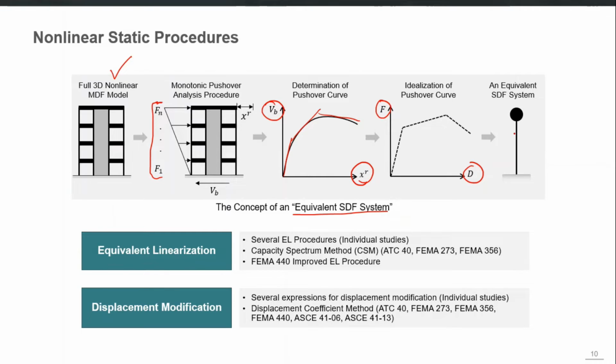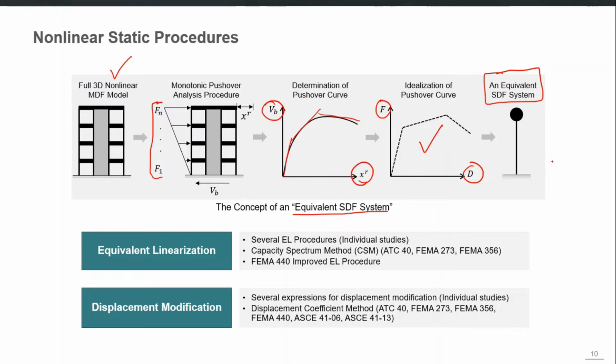So now if we convert this into force deformation, and then the stiffness of this single degree of freedom system is represented by this force deformation, then it is an equivalent single degree of freedom system which is representing that whole three-dimensional or two-dimensional nonlinear computer model.